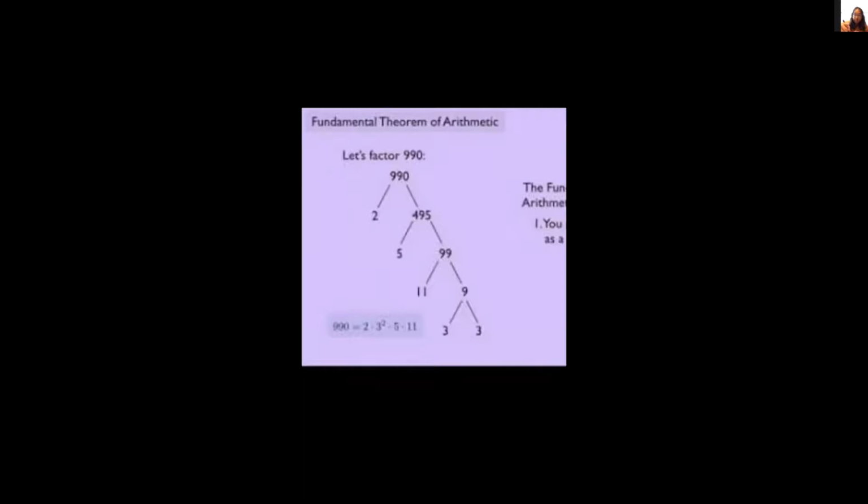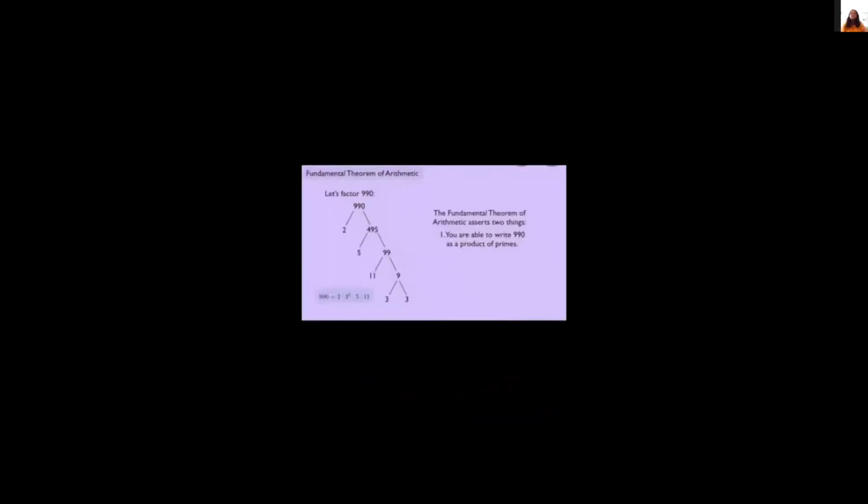So what I have got here on screen is 990 is equal to 2 into 5 into 11 into 3 into 3. And they have written it as 2 into 3 to the power 2 into 5 into 11. I'm coming to what exactly the theorem means. But to understand the theorem, the previous knowledge is this: you just have to know the factor tree.